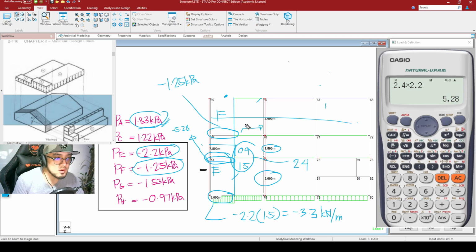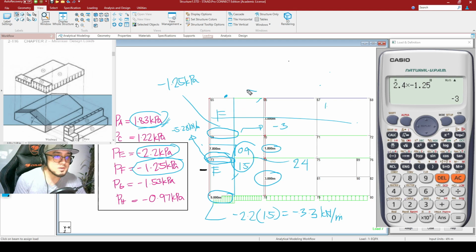So negative 5.28, by the way, kilonewtons per meter. For this beam, that is basically 2.4 times what is to be the pressure of PF, negative 1.25. So the answer there is to be negative 3.